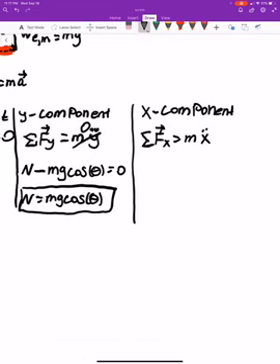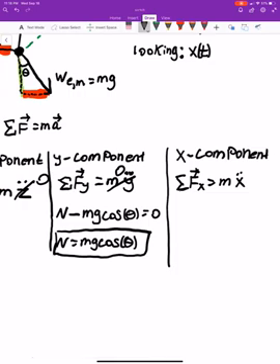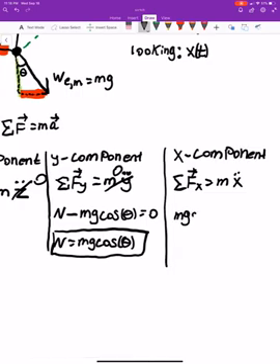So what do we have? Well, we have the component of gravity, which will just be mg, the hypotenuse, opposite, so sine theta, minus the force of friction equals m x dot dot.